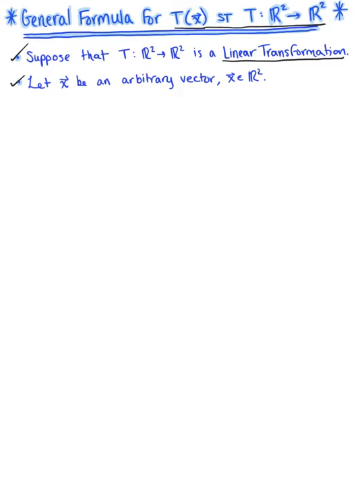So the first thing that we want to do is take this arbitrary vector x in R2 and decompose it into a linear combination of the elementary vectors. Remember, those elementary vectors are the columns of our identity matrix. So here we go. We know that vector x is in R2.